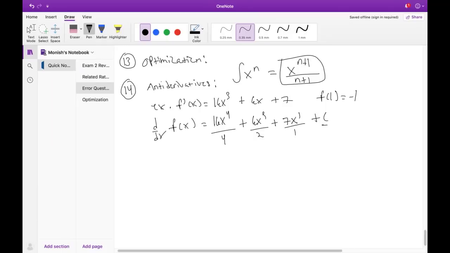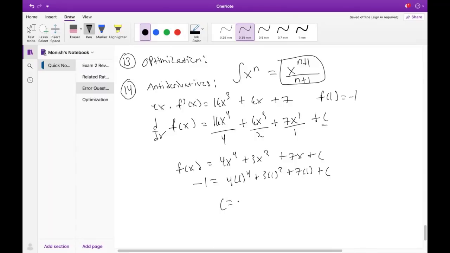now you have to find what c is. I'm just going to simplify f of x. So that's 4x to the 4th, 3x squared, 7x, c. Now, f of 1 is -1, so we know -1 is equal to 4 times 4. And solve for c, so -5, -8, -15.